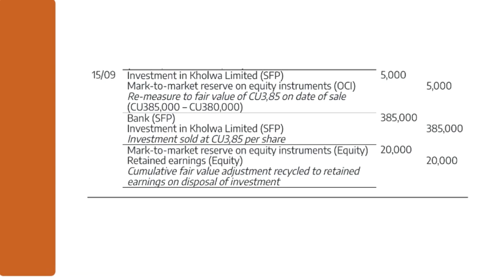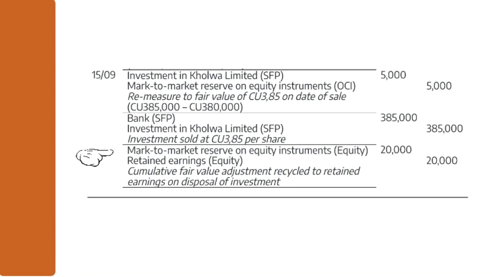Now, in the given information, we were told that the mark-to-market reserve on equity instruments does recycle to retained earnings on the date of disposal of either the entire investment or a portion of the investment. In this case, it was the entire investment. That means we need this third journal where we take the amount that is currently in mark-to-market reserve.